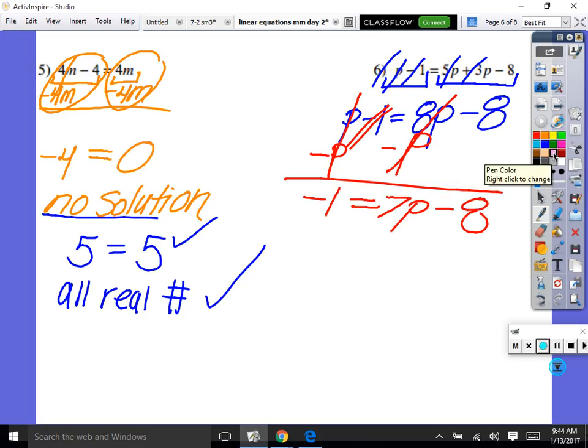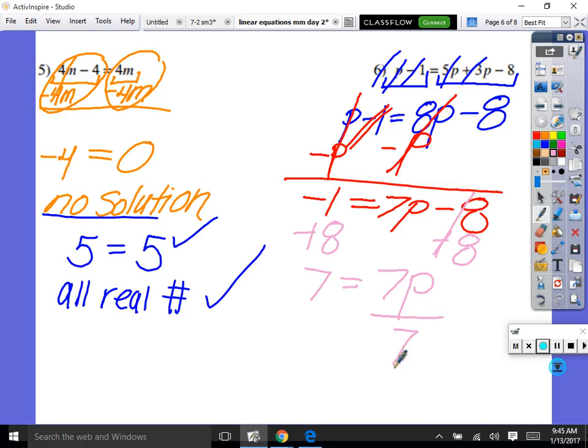So my first step is to add 8 to both sides of the equation. So we have 7 equals 7p, guys, right? Now our last step is to get p alone. Divide by 7, p equals 1. Good.